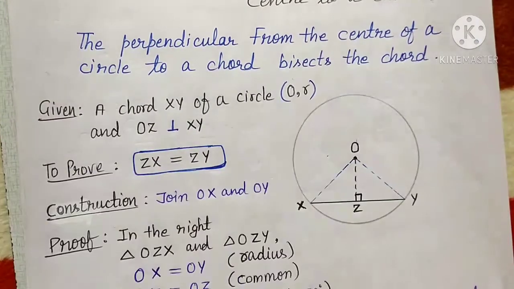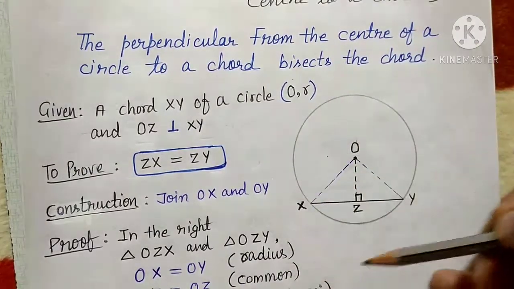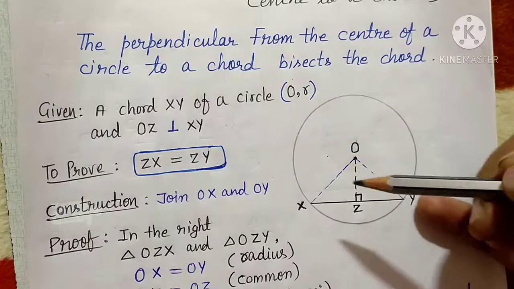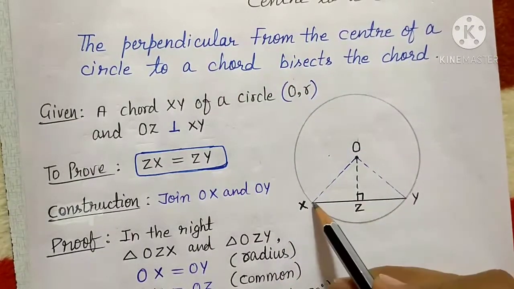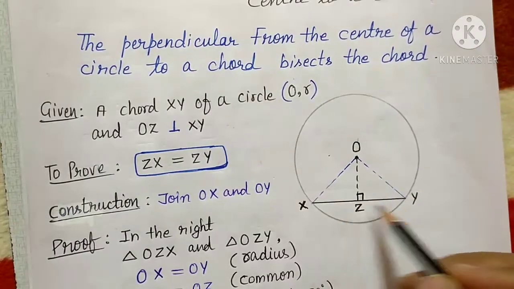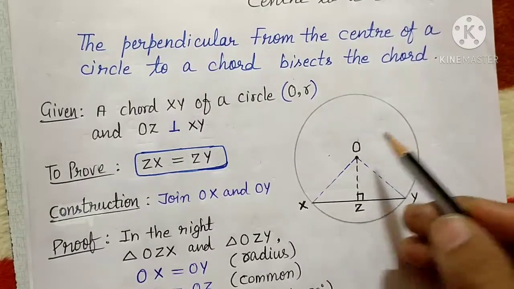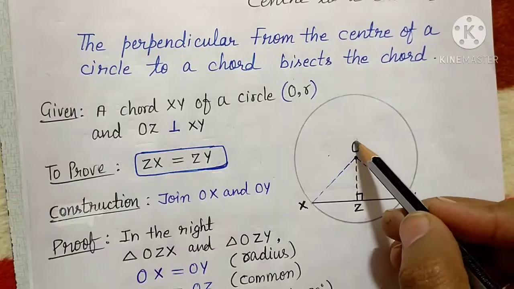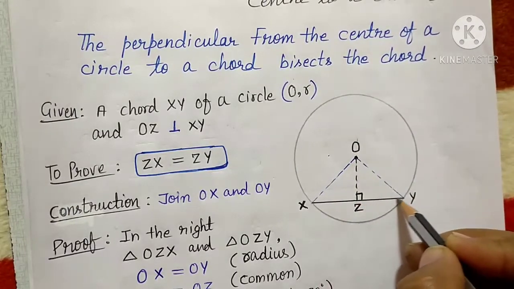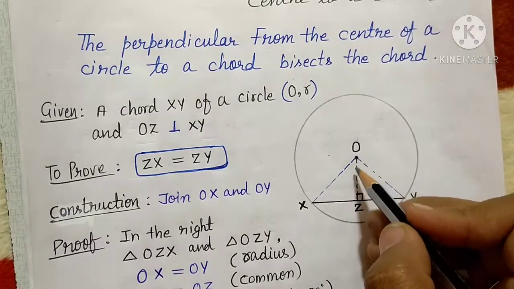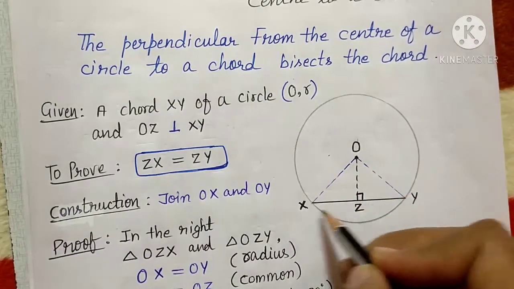As you can see here, we are given a circle. According to the theorem, we have a chord XY of a circle whose radius is r and center is O, and here OZ is perpendicular to XY.